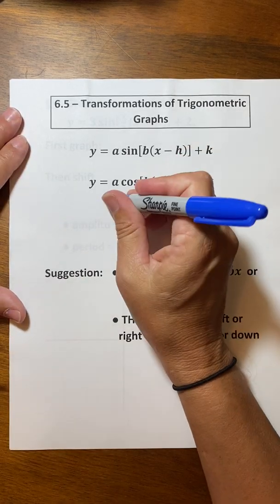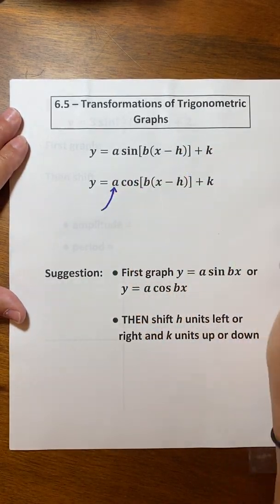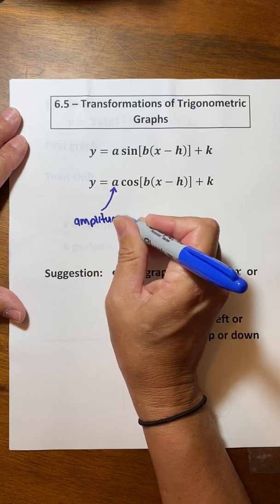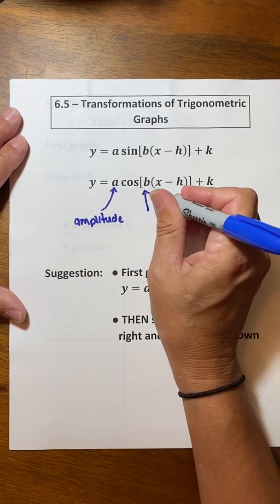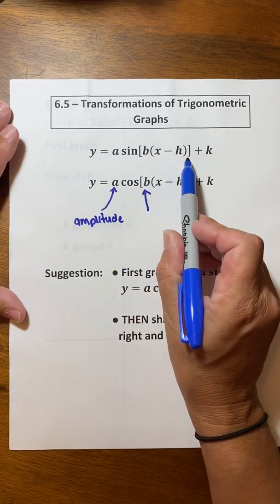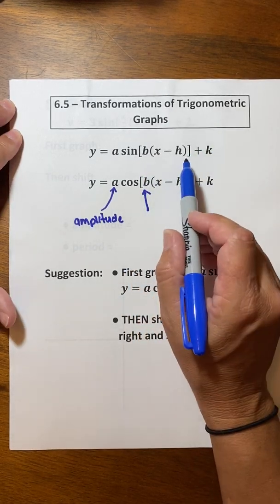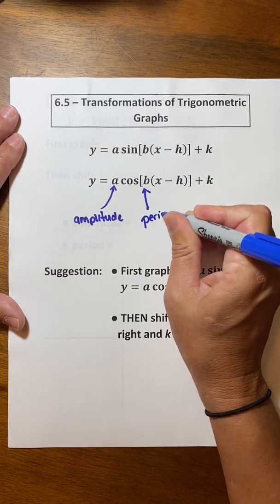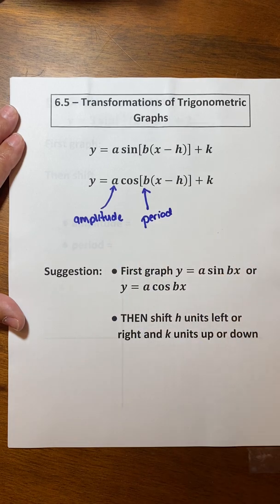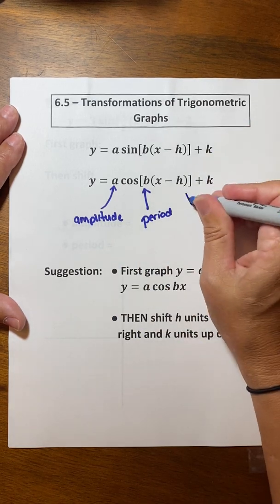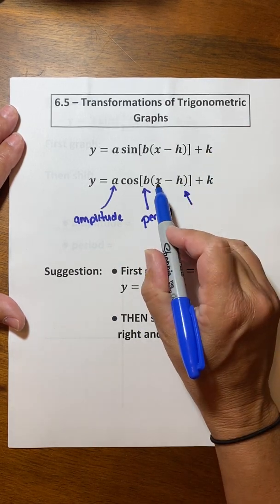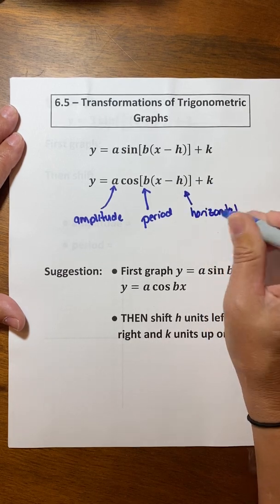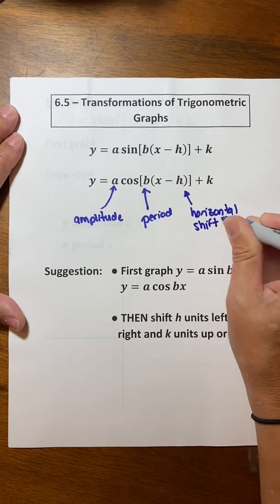All right, so let's just remind ourselves the a out front is going to determine the amplitude, or how high and low the curve goes. The b in here, now notice the b is outside of the parentheses, so that's going to be important. We'll talk about that when we look at an example. So the b is the period, how long it takes one complete wave. H is inside the parentheses with the x, so this is going to be my horizontal shift, h units.